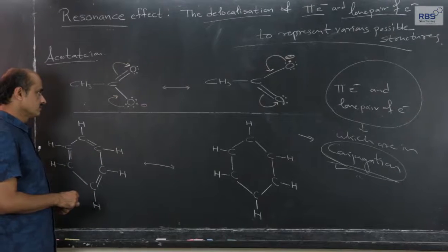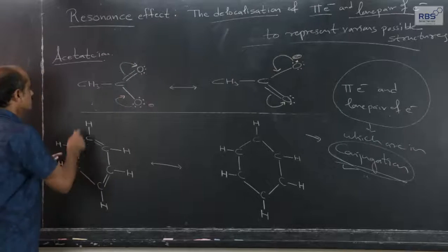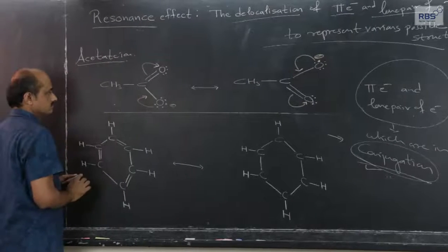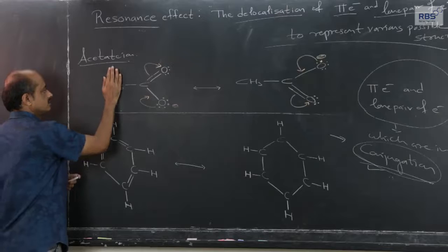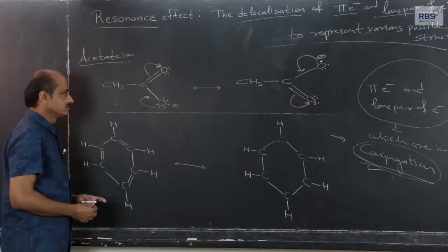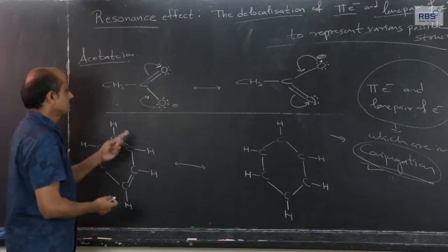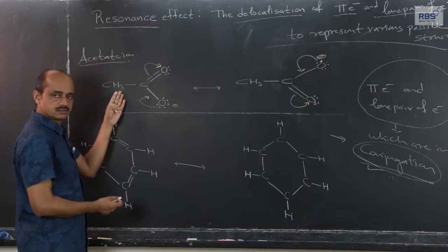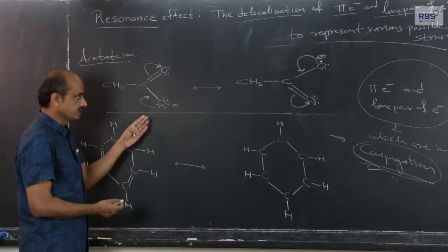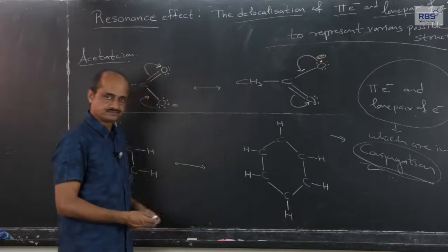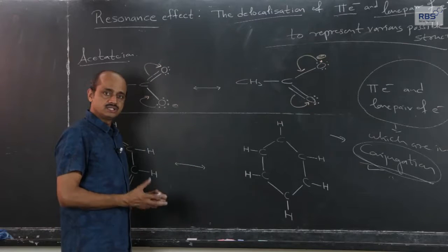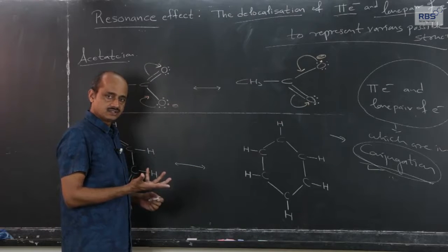Now, it means that the acetate ion, in general it would have been the carboxylate ion, is either present in this form, the structure of acetate ion, or that form. Actually, things are different.